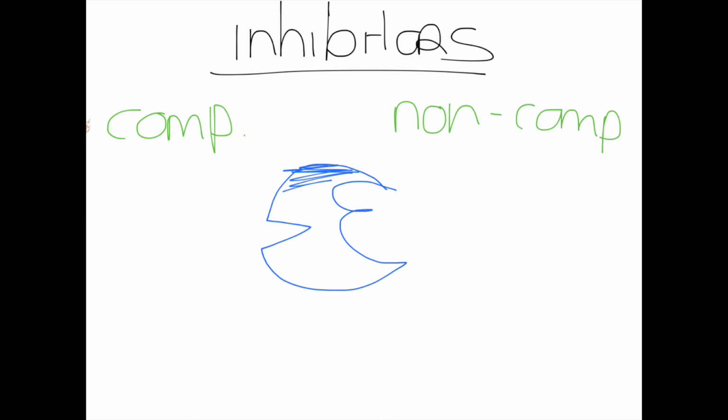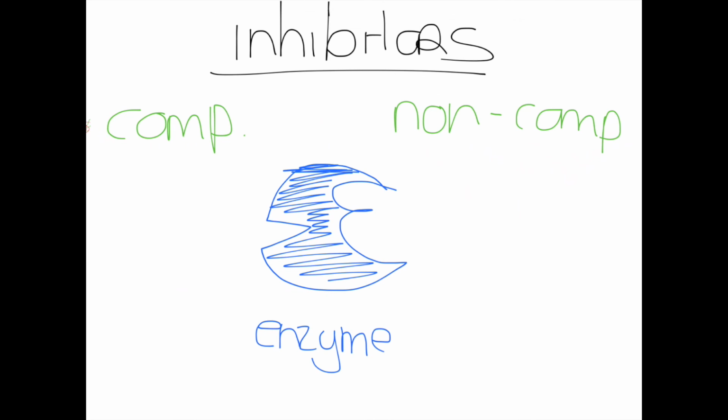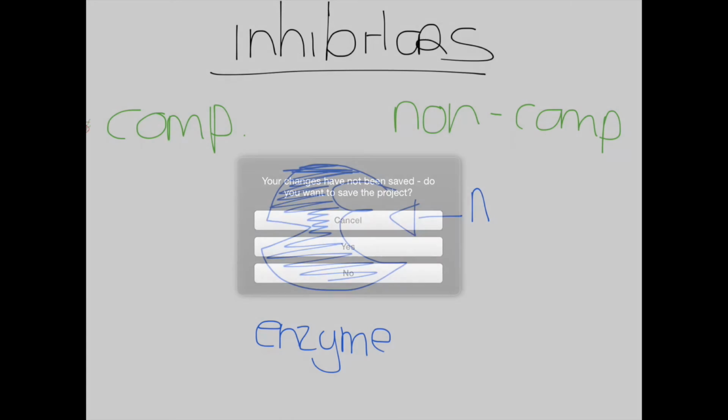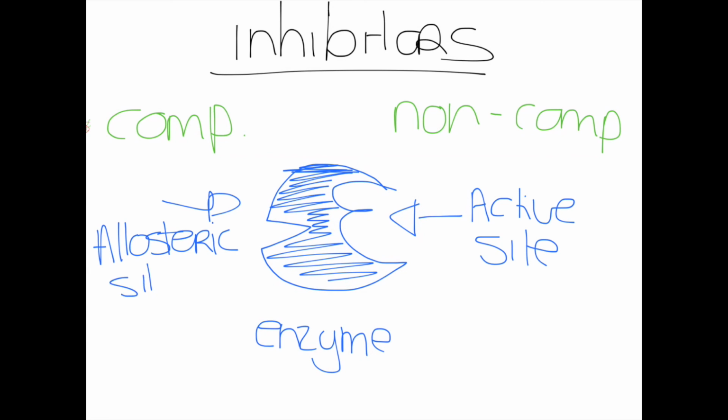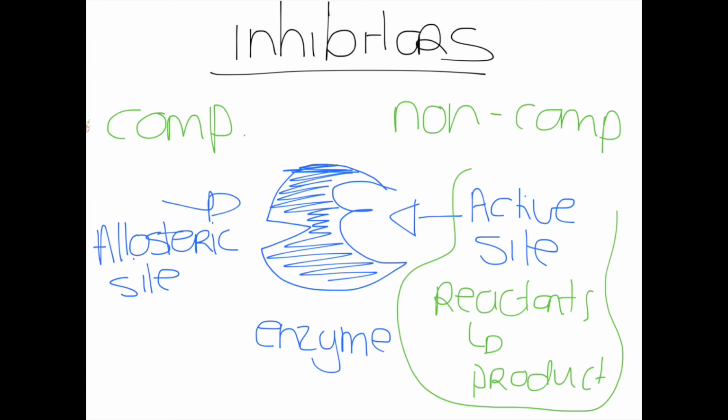So this is your enzyme, and this is the active site. And this is the site here that we call the allosteric site. The reactants bind here and therefore create your product. So that's the active site.